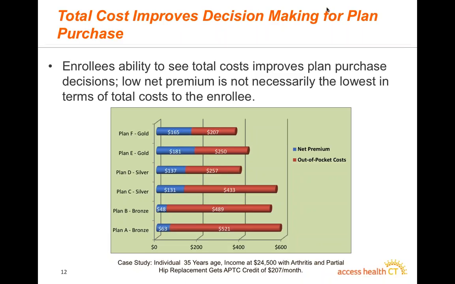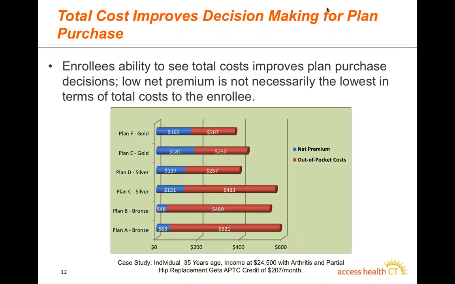You know your out-of-pocket cost is going to be pretty high, although you didn't know before the tool how high it could be. So if you had bought a bronze plan, you would pay like $489, $500. Basically, you would have paid close to $6,000 in out-of-pocket costs for the whole year.